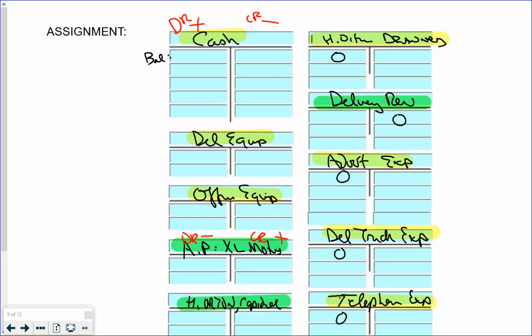Now, if those transactions are too hard to read, I've got it nice and big up on my board here. So I'm going to show you the next slide with the transactions. If you want to take your phone and take a picture of it, that way it should be good to go.